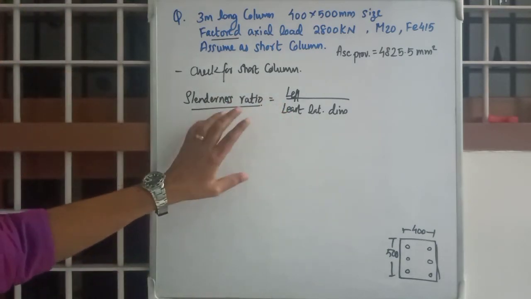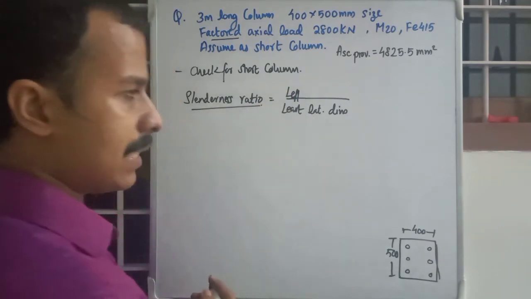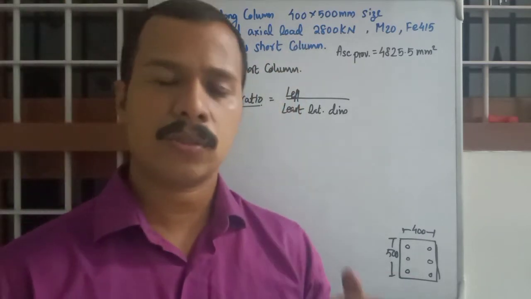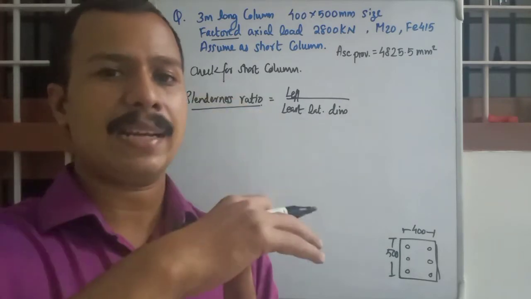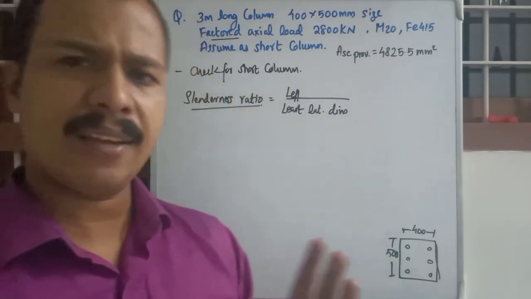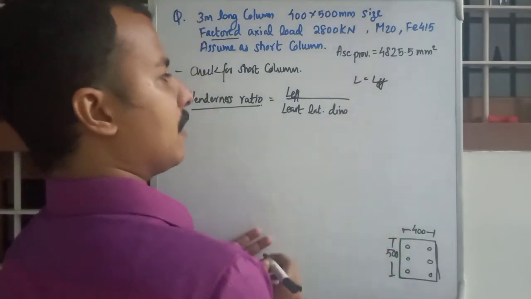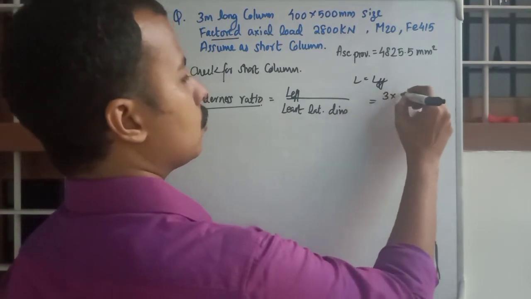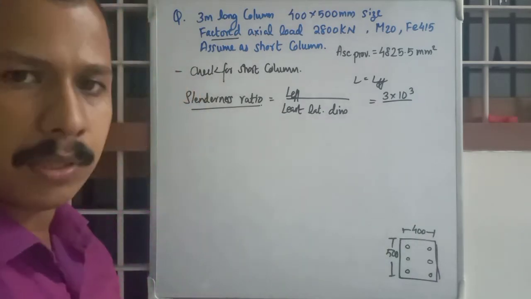Please keep in mind, as we said earlier, in this question we haven't been given any extra information about support conditions or end conditions, so we will take L as L effective. In this case, L is equal to L effective, that is 3 into 10 raised to 3 in millimeters.